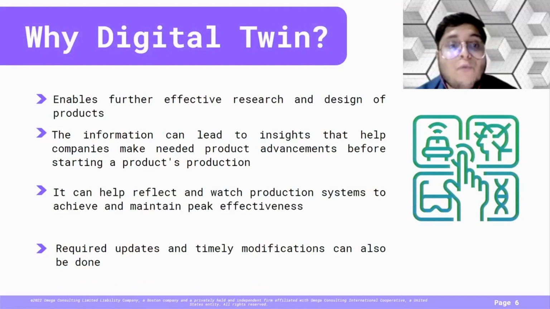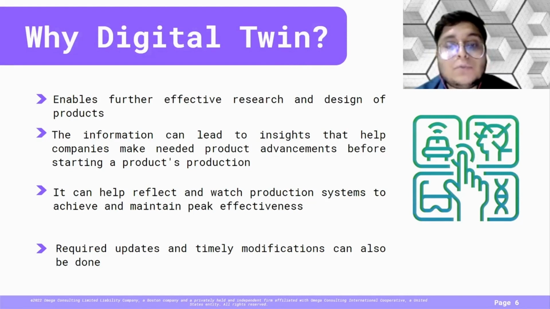Now let's see why should we use a digital twin. The use of digital twin enables further effective research and design of products within an abundance of data created about likely performance issues. That information can lead to insights that help companies make needed product advancements before starting a product's production.